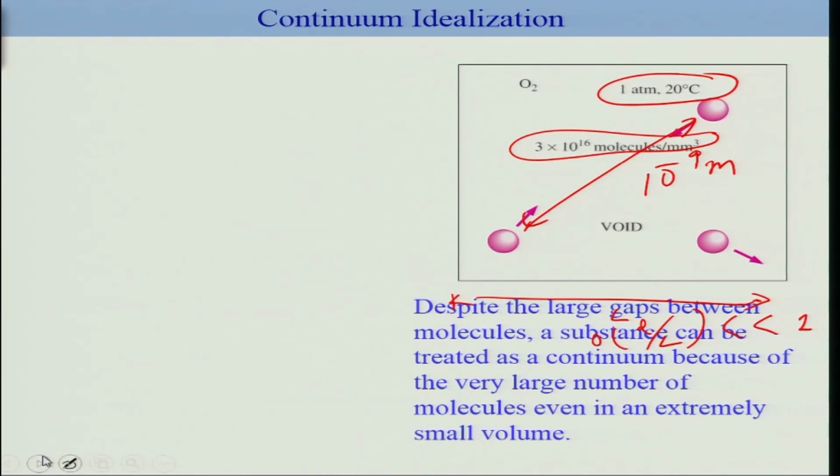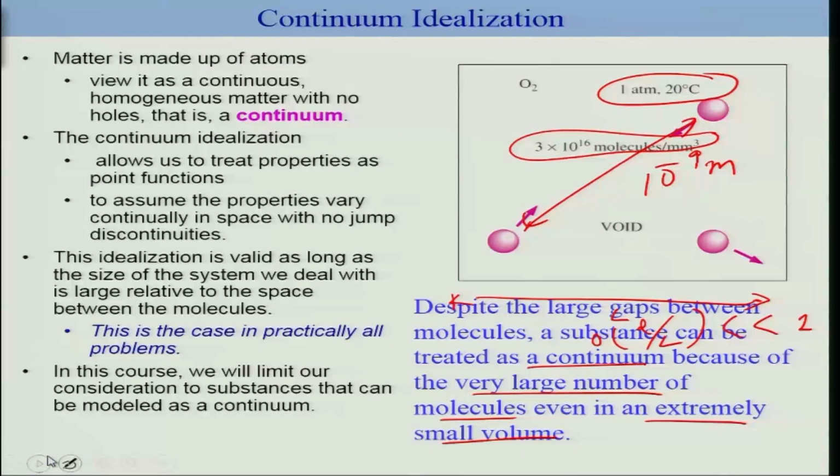So despite the large gaps between molecules, a substance can be treated as a continuum because of the very large number of molecules even in an extremely small volume. This allows us to consider that the properties are also continuous, so the properties vary continually in space with no jump discontinuity.